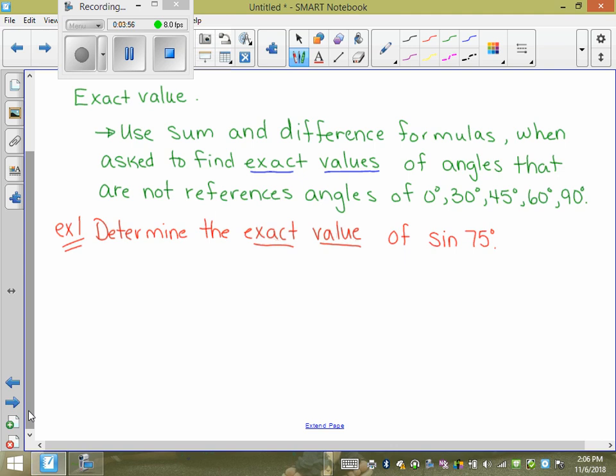So sine 75, is there anything on the unit circle that can add together to get me 75? Yeah, 45 and 30. So we're saying sine 45 degrees plus 30 degrees.